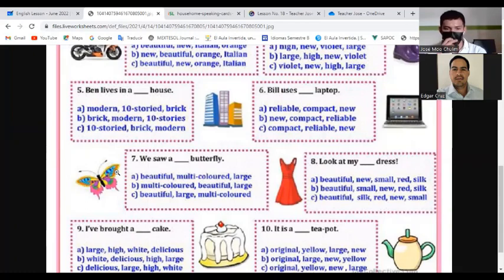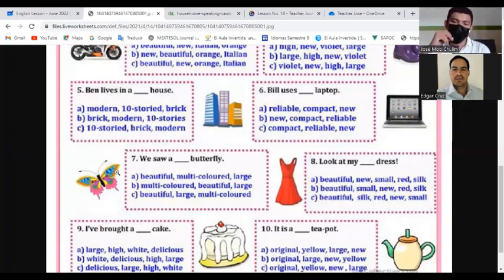Why do you think this is the correct answer? Because beautiful is an opinion, then large is the size. Finally, multicolor, I think it's a color, or it's a material.